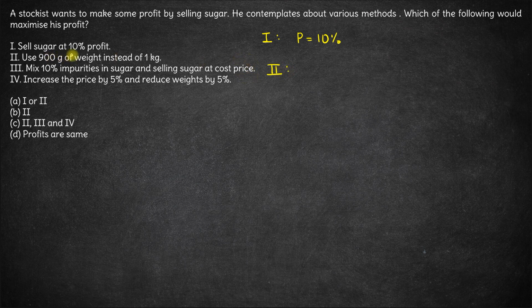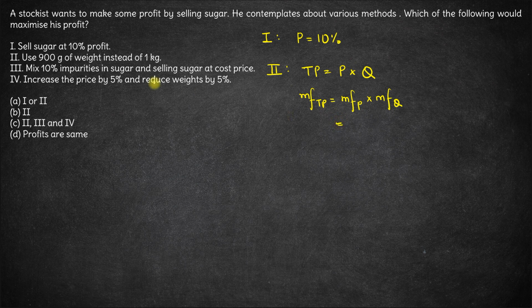Use 900 gram weight instead of a 1 kg weight. So now here we know overall total price is price per kg into quantity, right? So the percentage profit is the percentage change in total price. So for this, the multiplication factor for total price is the multiplication factor for price into the multiplication factor for quantity.